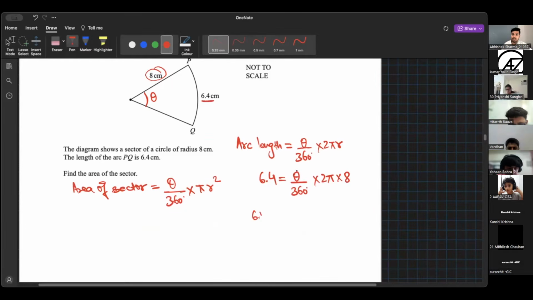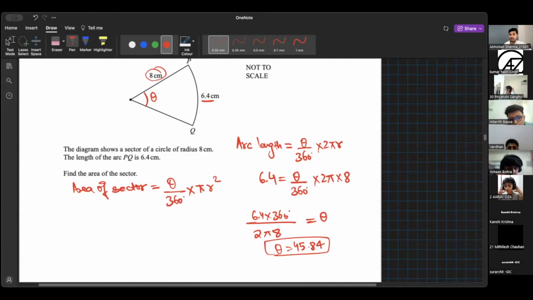So 6.4 multiplied by 360 degree divided by 2 pi and 8, which equals theta. Do this calculation in your calculator. So 6.4 multiplied by 360 divided by 2 pi multiplied by 8, and my theta is 45.8. Actually, it is 45.84.